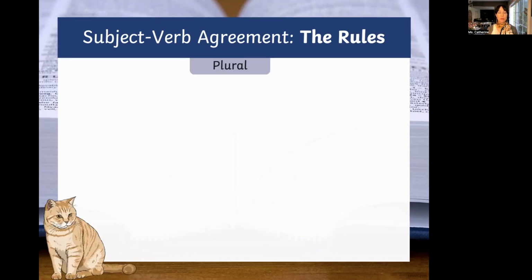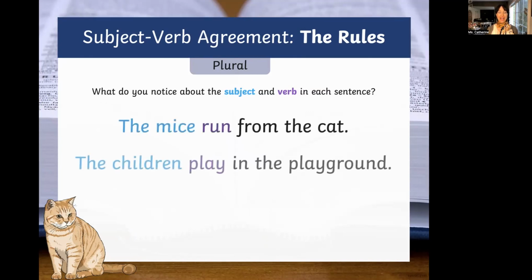Now the subject-verb agreement rules for plural, more than one. What do you notice about the subject and verb in each sentence? The mice run from the cat. The children play in the playground.